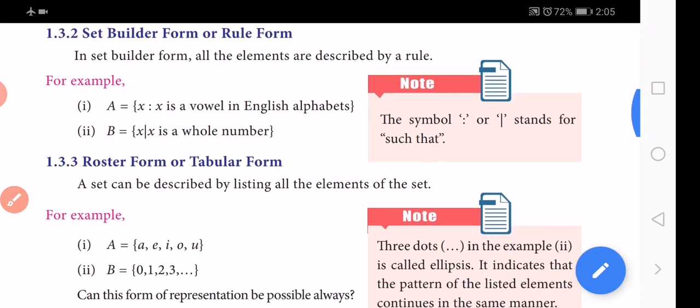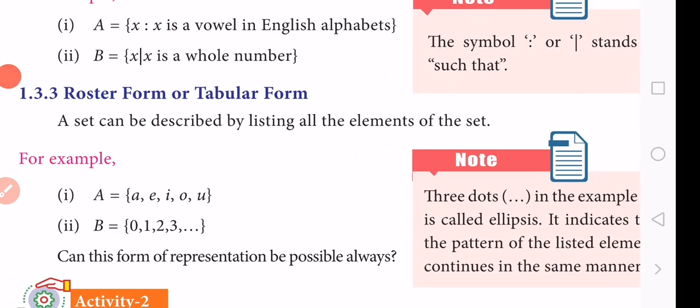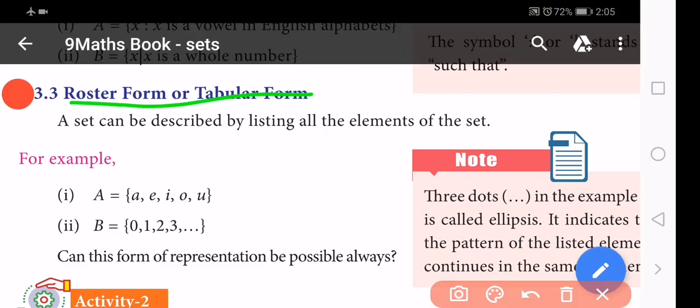And the third one, roster or tabular form. This is a very important form, because all the sums we use it in roster form. In this form we write only elements. There is no sentence, no words used.